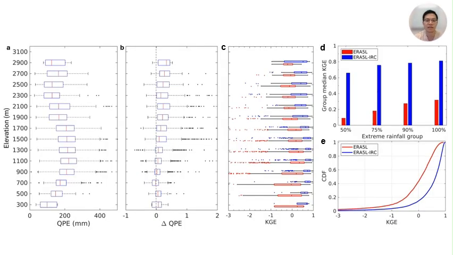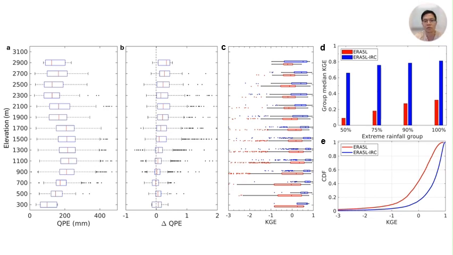Next, we're looking at the characteristics of this precipitation, before the IRC versus after IRC. So the first column, this panel A, is the original QPE here, showing the strong dependence on elevation. This is not surprising because of this orographic enhancement here over elevation of 900 meter to about 2,000 meter.